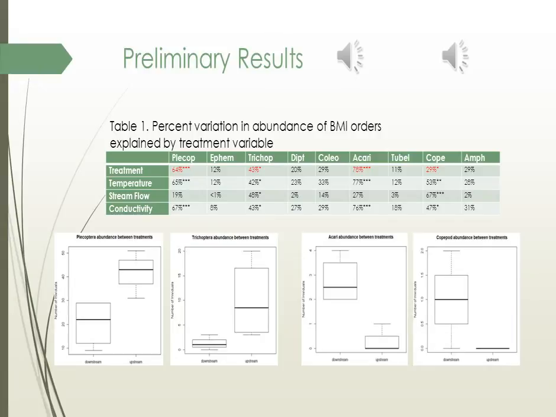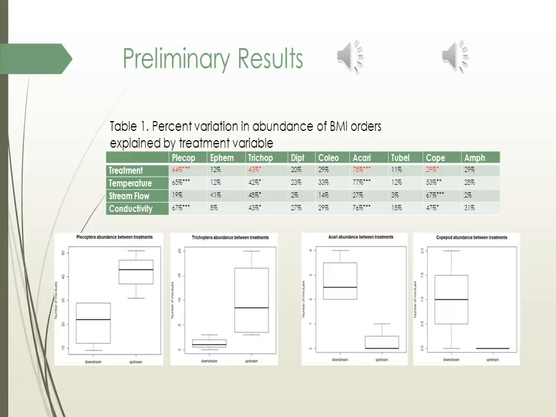For Plecoptera and Trichoptera, 10 to 30 were found downstream, where 30 to 50 were found upstream. And for Acari and Copepod, our total numbers at both sites were under 4. So the difference between upstream and downstream could just as well be detection errors, particularly as these were far more rare across the environment.